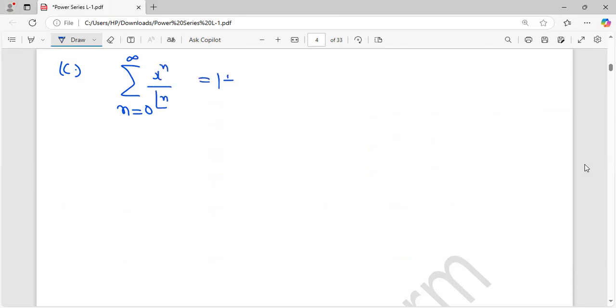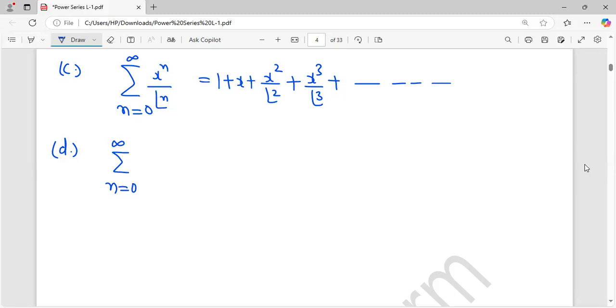So this is 1 plus x plus x square upon factorial 2 plus x cube upon factorial 3. D is summation n goes from 0 to infinity of factorial n into x to the power n, that is 1 plus x plus factorial 2 x square plus x cube. Okay.